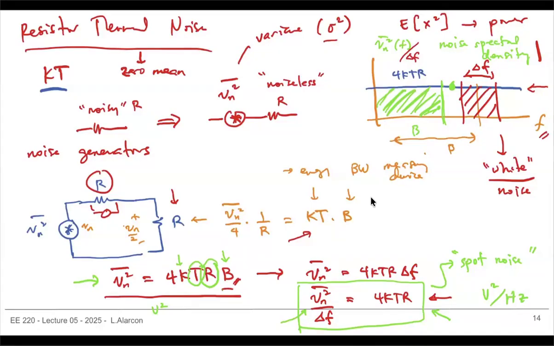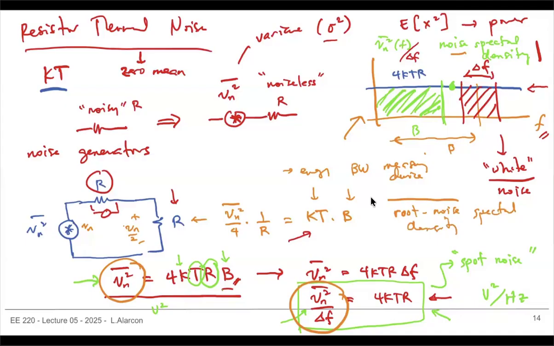As a recap, noise is expressed as either noise power or spectral density, and I can plot it using this. Now, some books won't have the noise spectral density, but will have what we call the root noise spectral density, which is just the square root of that.